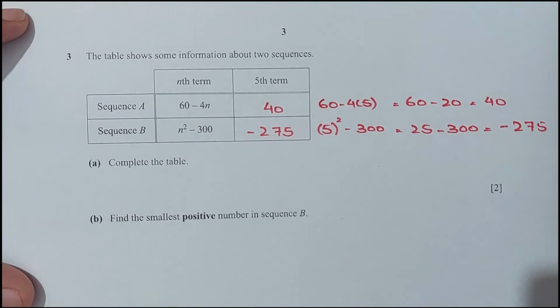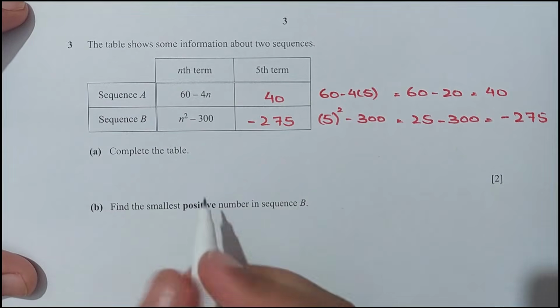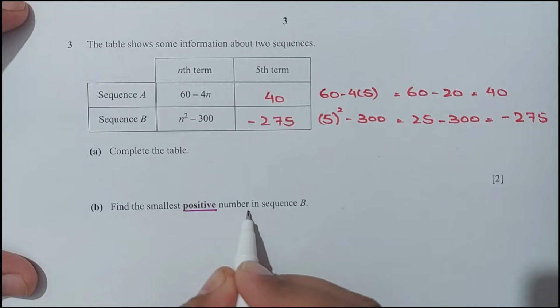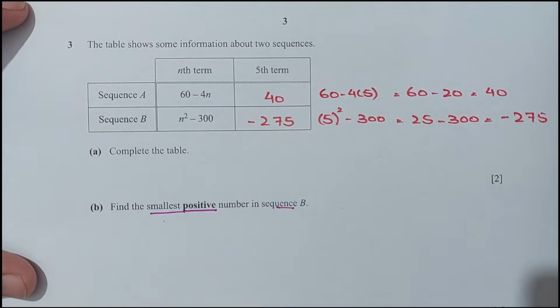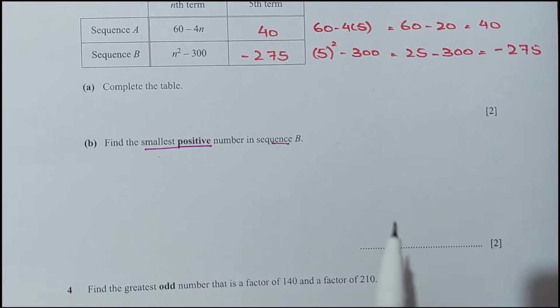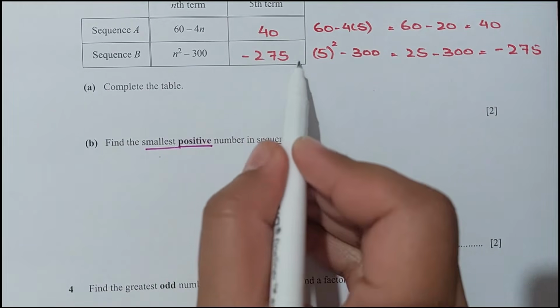The table is completed. Now for part B, find the smallest positive number in sequence B. It should be a positive number. As you can see in sequence B, if you put n equal to 5, you will get a negative number.